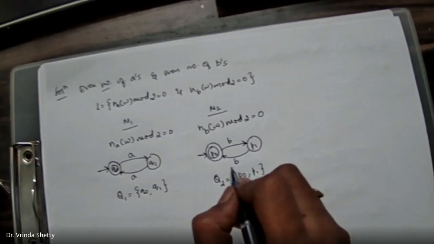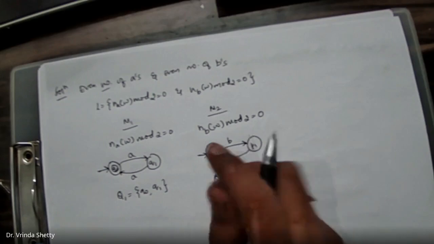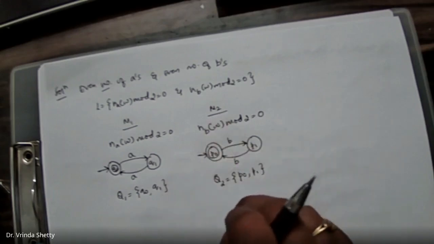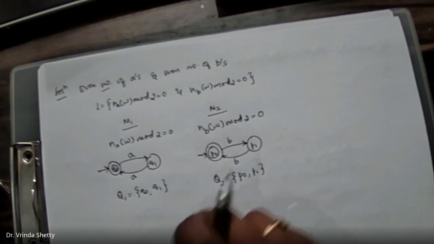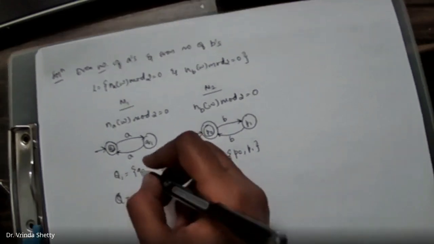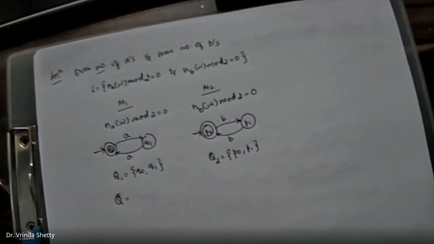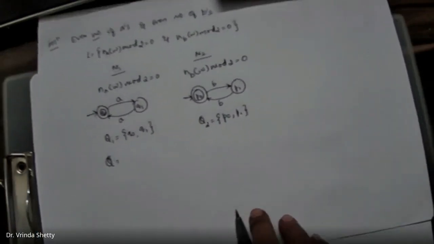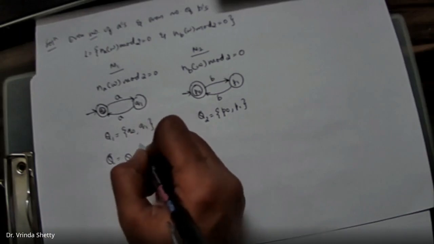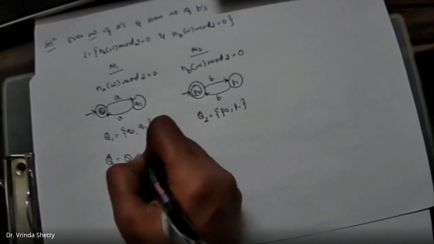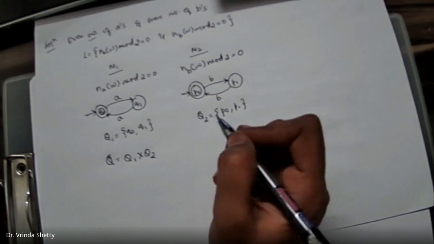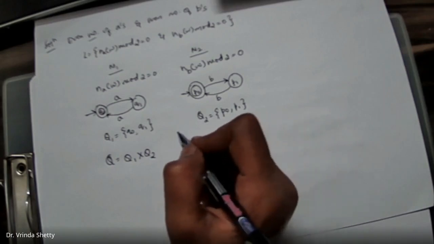Now, according to the given problem, it has to accept strings where both the number of A's and the number of B's are even. For that purpose, we need to take the cross product of these two, that is, Q = Q1 × Q2. What we are doing here, for an even number of A's and an even number of B's, is taking the cross product of Q1 and Q2.